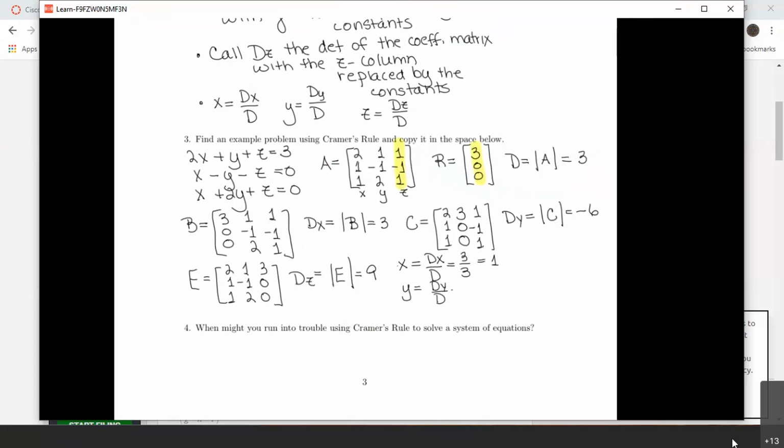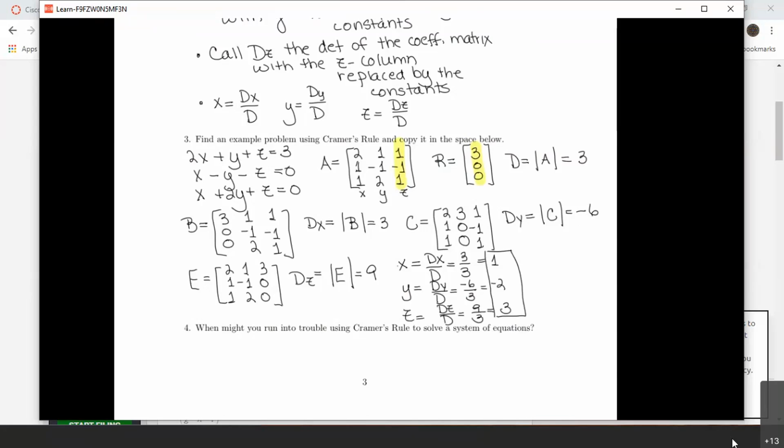My dy value was -6, my d value is 3, which means y is -2. And z is dz over d, which is 9 over 3, so my z value is 3. Okay, so here is your solution to the system.